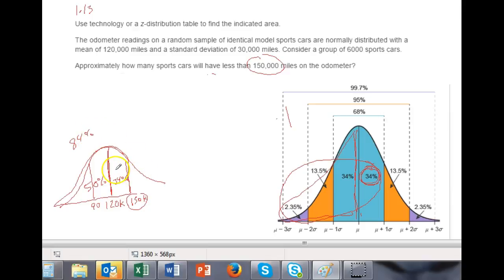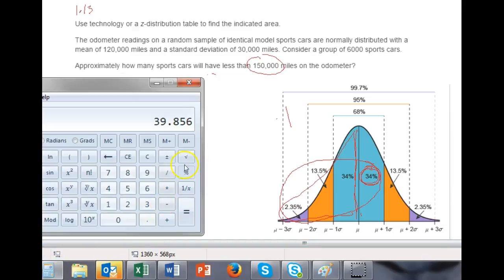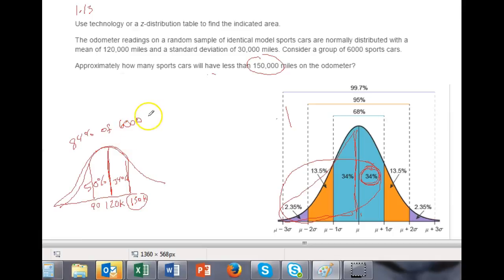So 84% of the cars are going to have less than 150,000 miles on the odometer, and 84% of 6,000 sports cars, that's a multiplication problem. We just multiply 0.84 times 6,000, and we get 5,040 sports cars.